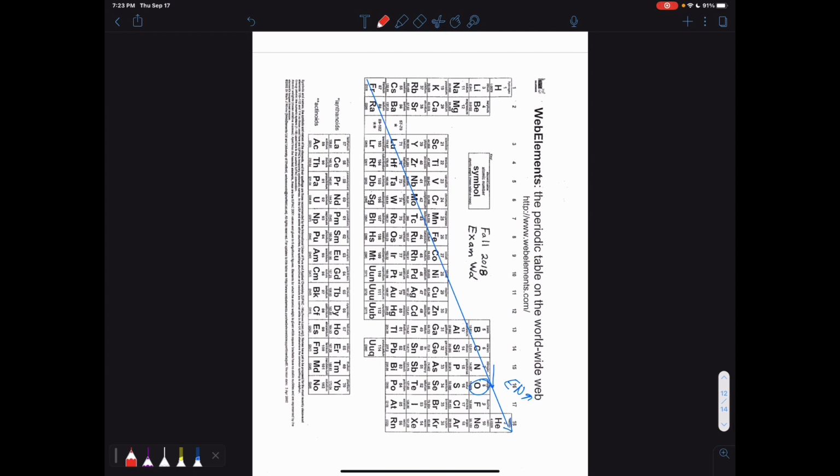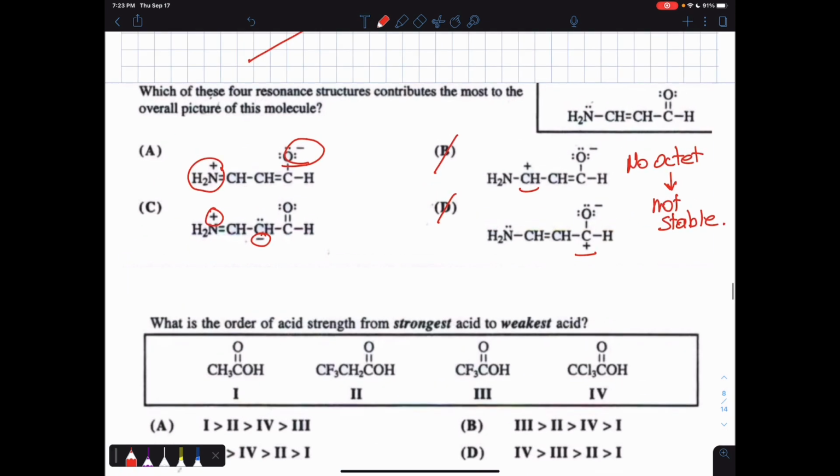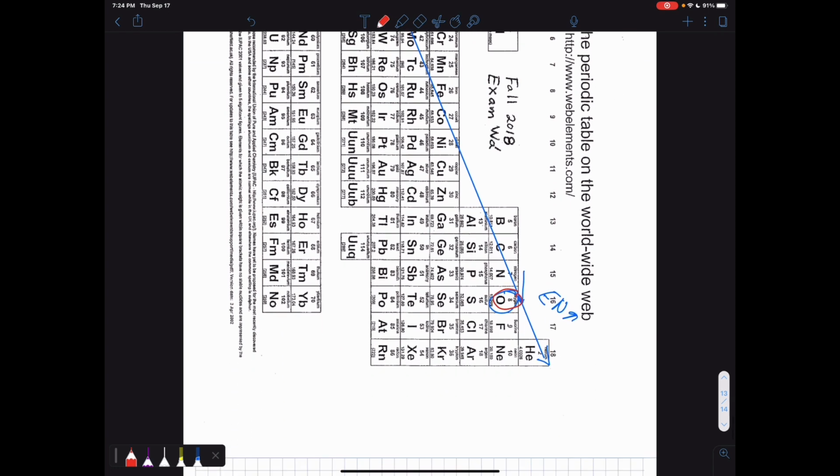As you can see, the oxygen is more electronegative than carbon, making it more stable with the negative charge. So comparing these two, we notice that A is going to be more stable. And the positive charge also has to be on the more electropositive atom. Electropositive is the opposite of electronegative, so electropositive will move to the left instead of to the right.